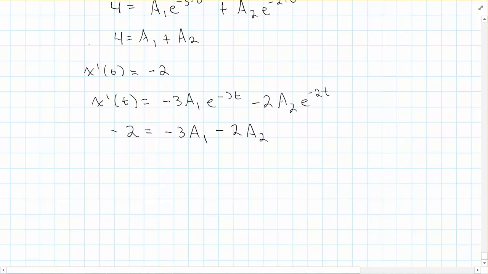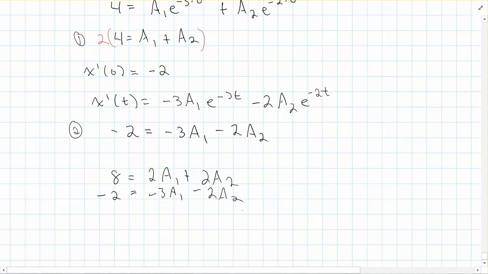Now we have two equations, equation 1 here, equation 2. We could go ahead and solve these using whichever technique we want to. I'm actually just going to go ahead and multiply this equation by 2 because I don't want to have to drag my calculator out right now, and you get 8 is equal to 2a1 plus 2a2, and then you have negative 2 is equal to negative 3a1 minus 2a2.